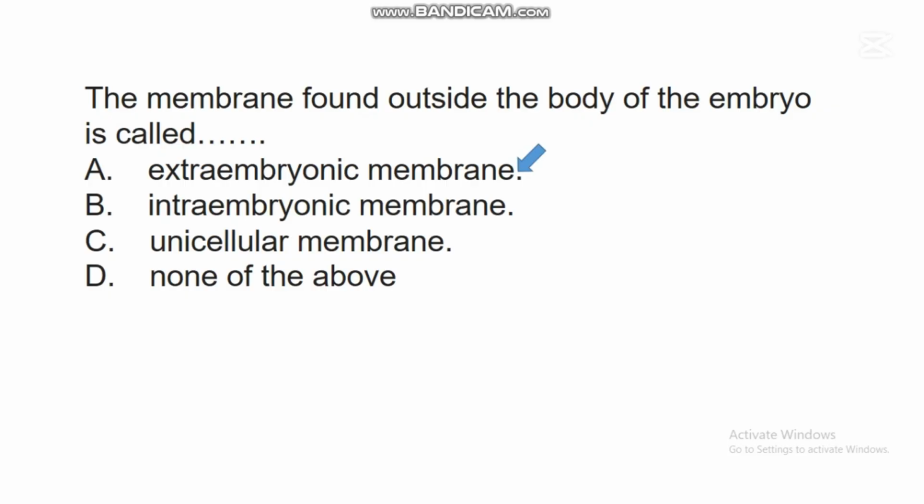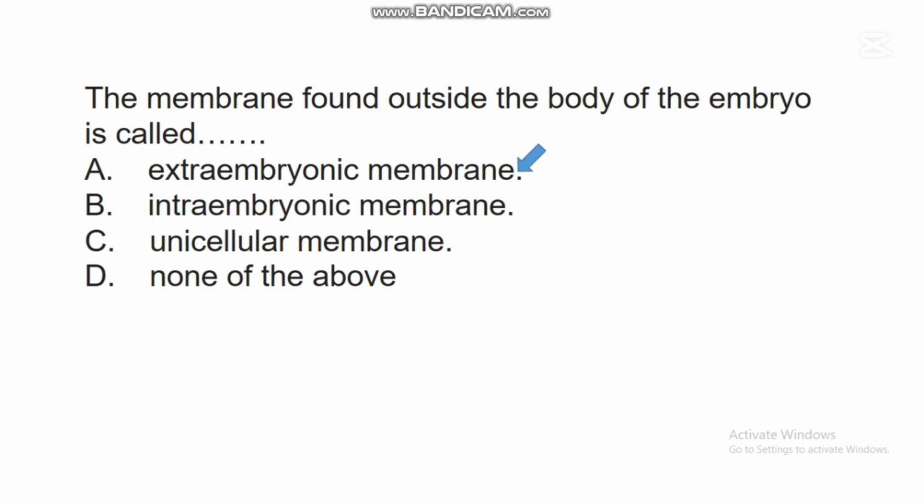Extraembryonic membrane is a membrane found outside the body of the embryo. Research in embryology has shown that there are different membranes found outside the embryo. These membranes play different roles in ensuring that the embryo develops very well.